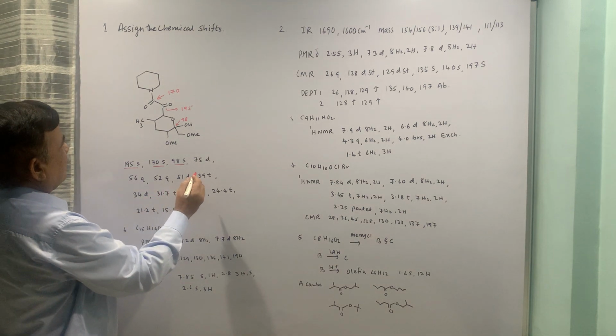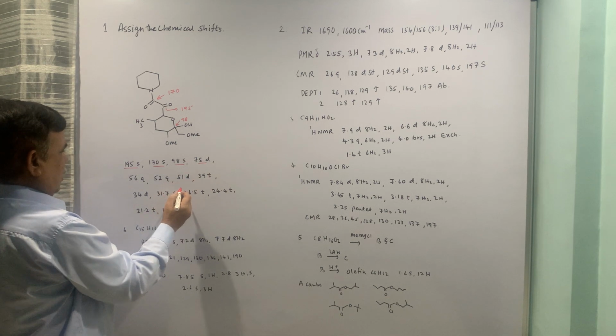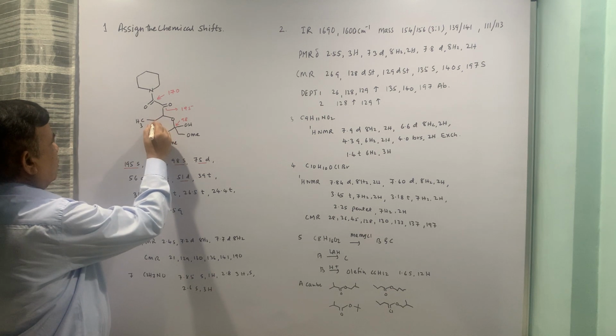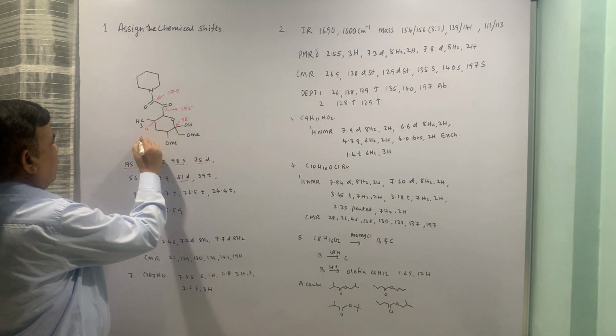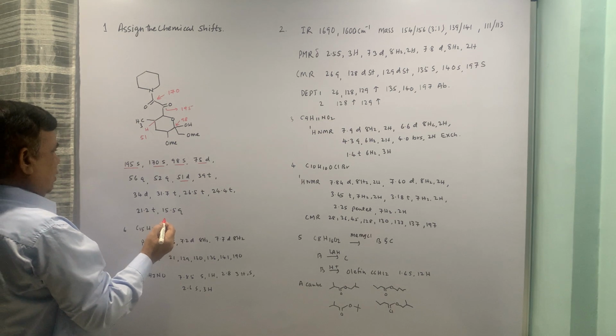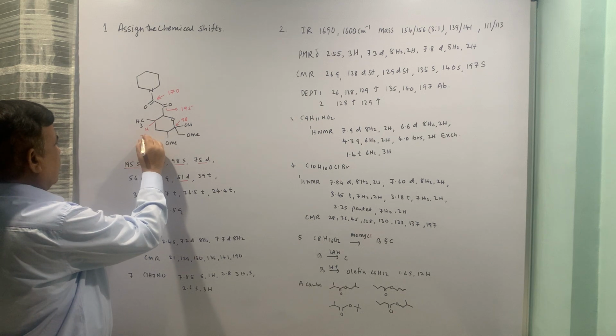So lot of things are there. 75 doublet, 51 doublet. So 51 doublet can be assigned to this, or 34, not 51, this is 34.